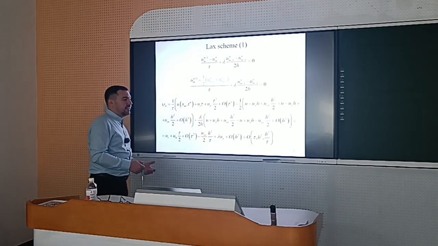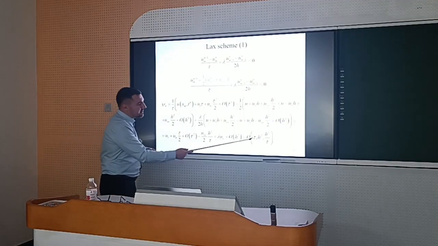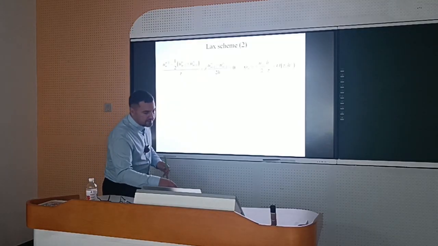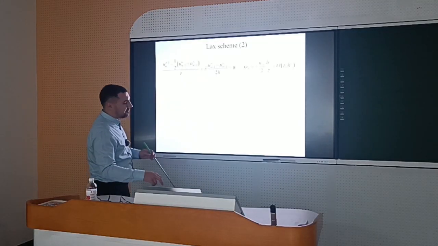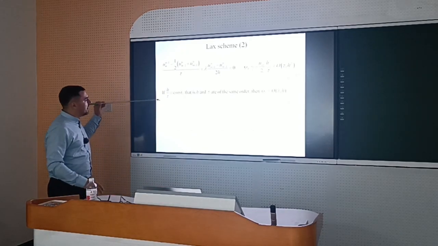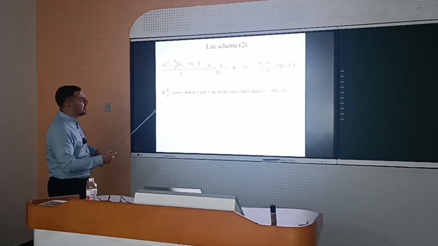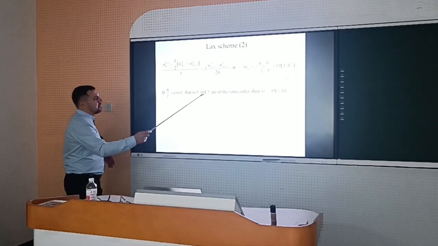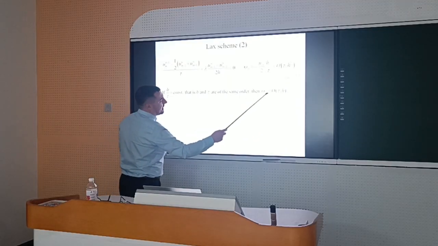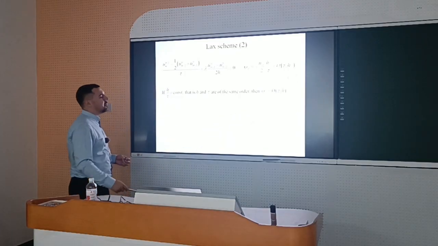So it means that it is consistent with the initial problem only if there is some relationship between tau and h. It means that if tau and h are of the same order of smallness, then our truncation error is like big O of tau plus h, where sigma is lambda tau over h.